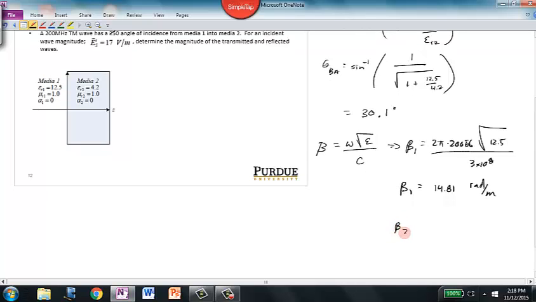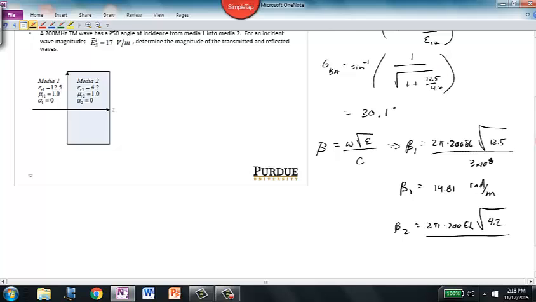Beta 2, the wave number in media 2, is just going to be equal to 2 pi times 200 megahertz, so that's omega. We need to put the square root of epsilon 2 here, which is just 4.2. Notice that I'm using relative terms, right?